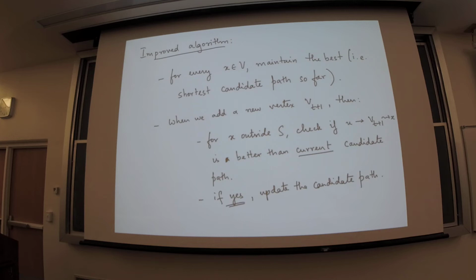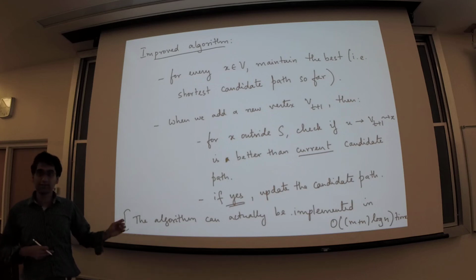If you do this, then I will not do it here, but you can find it in the notes. So if you do this, then this algorithm can actually be implemented in O of (m plus n) log n.